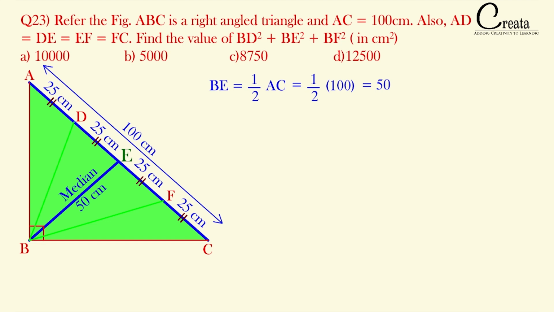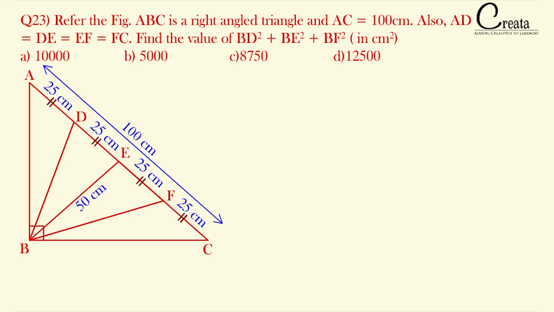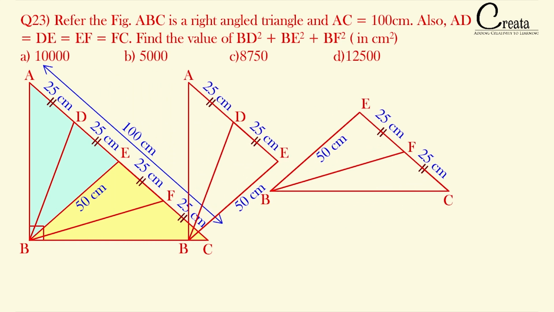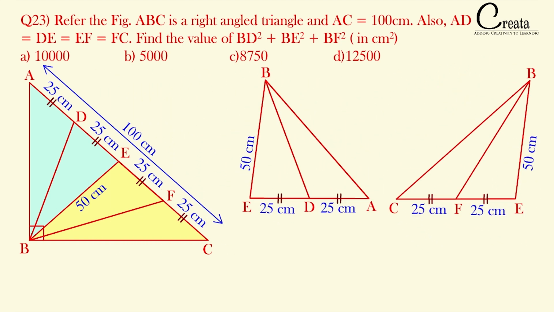Moving further, in this question we have to calculate the value of BD square plus BE square plus BF square. That is the sum of these three line segments. Let's see how we approach this question. Are you able to observe the triangle ABE and the triangle BEC? Let's segregate both triangles and rotate them.